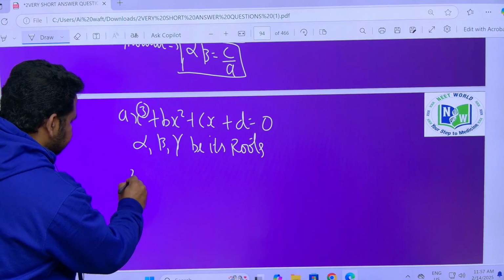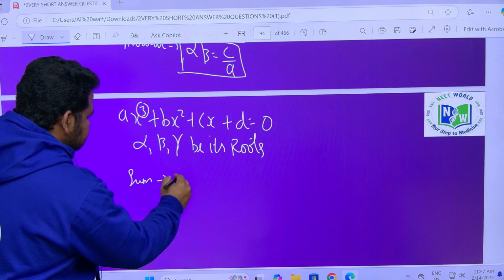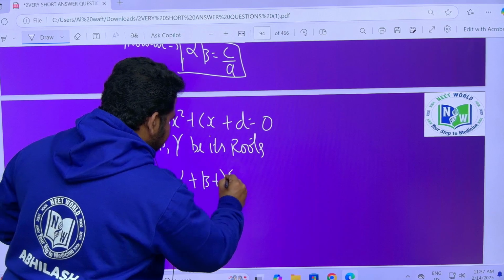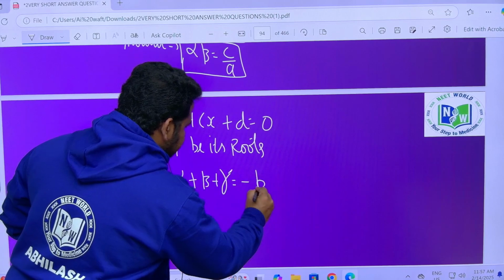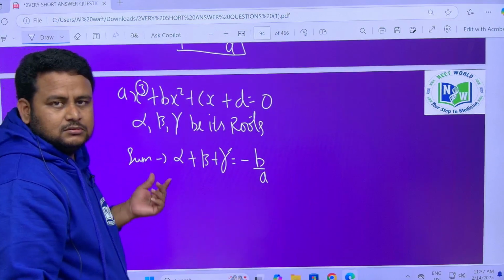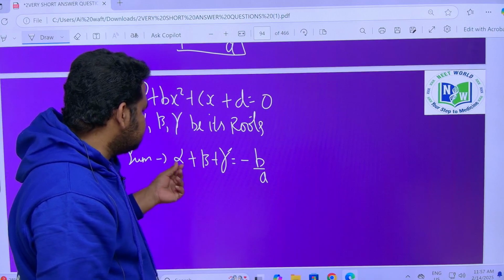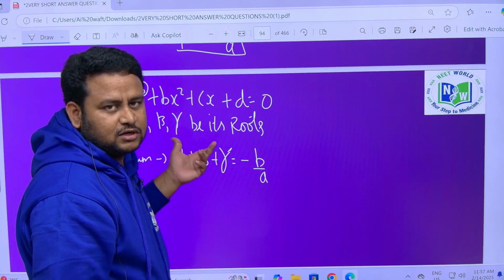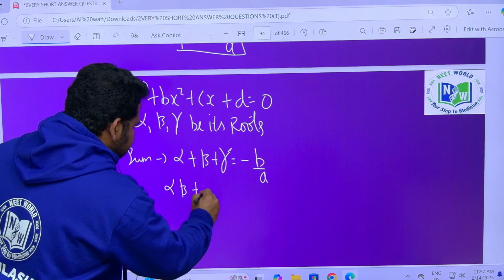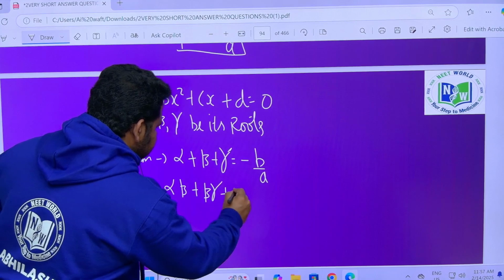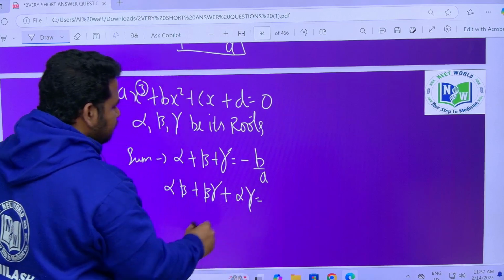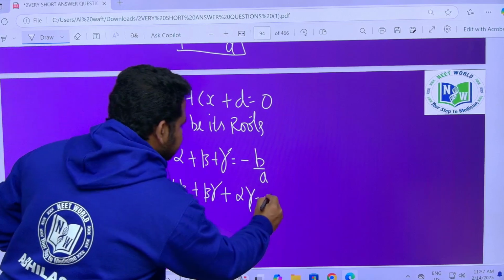One is the sum, alpha plus beta plus gamma, which will be equal to minus b by a. Next is the sum of the products of two roots, alpha beta plus beta gamma plus gamma alpha, which will be equal to c by a.